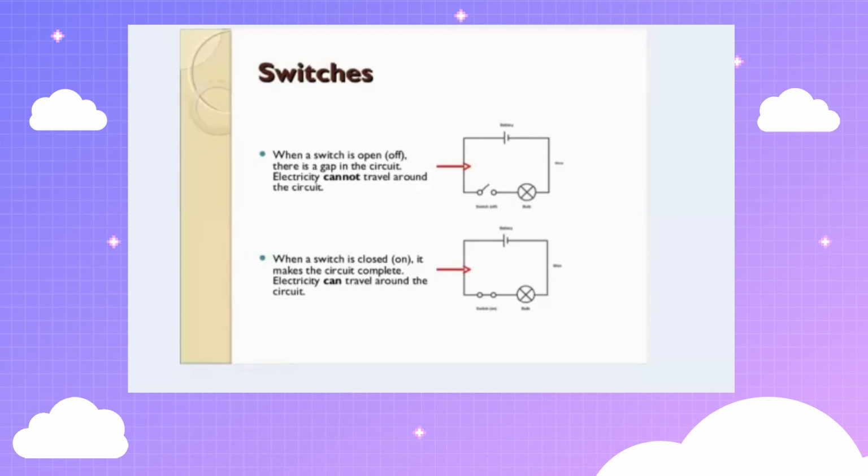When a switch is closed or on, it makes the circuit complete. Electricity can travel around the circuit. So the definition of switches would be: switches open and close the circuit.